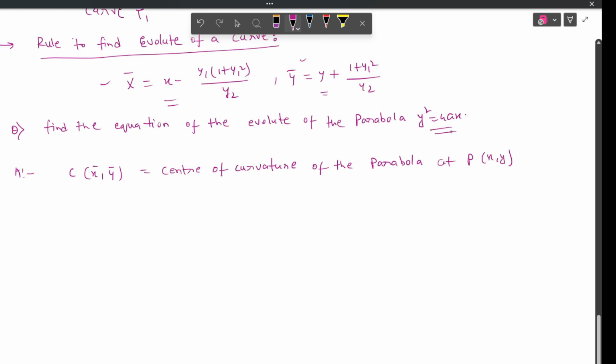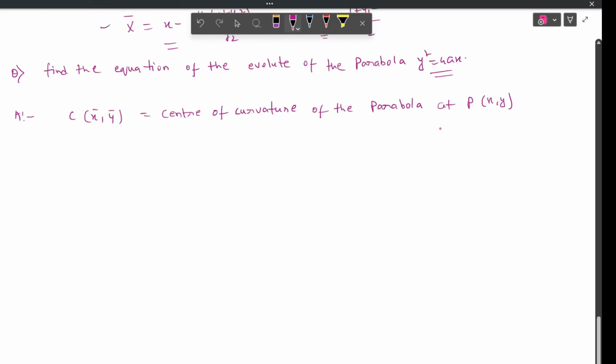So let's differentiate this curve and get y1 and y2.